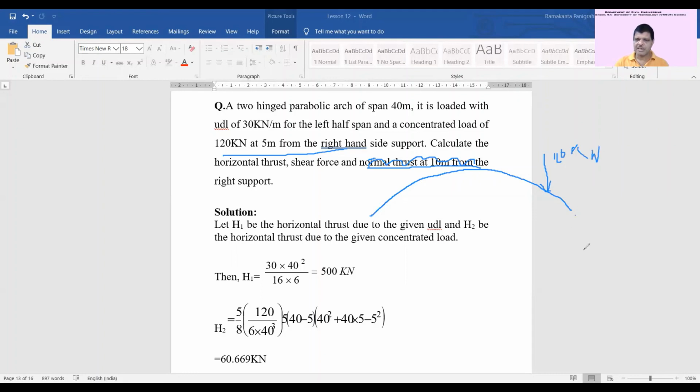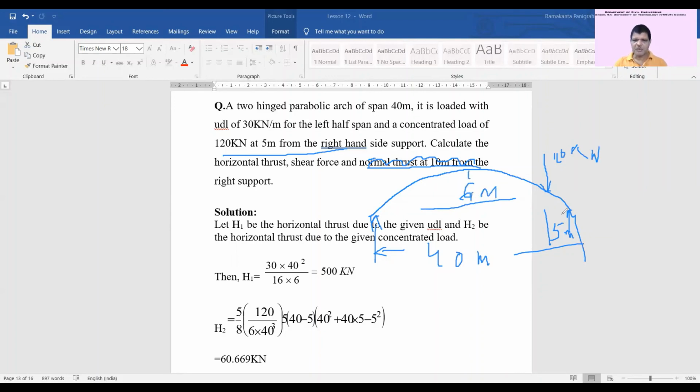This distance is given as 5 meter, and the total span is given as 40 meter, and the rise of the arch is also 6 meter. That is not given here, so you can take the rise Yc as 6 meter.